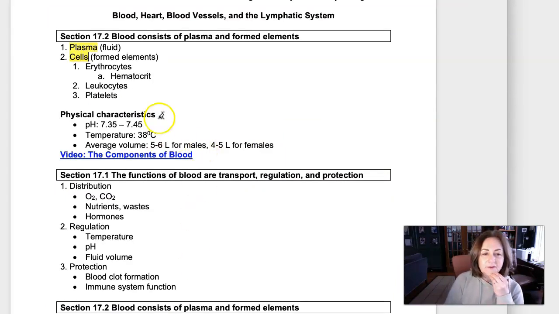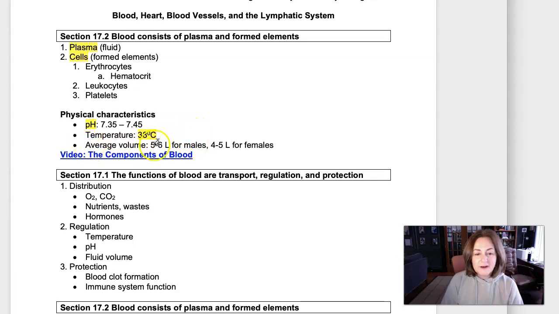So as far as physical characteristics, the pH of blood is not neutral. 7.0 is neutral. It falls between 7.35 and 7.45, which is on the alkaline side. And the temperature is also slightly higher than what you might think body temperature is. So the blood is about 104 degrees Fahrenheit or 38 degrees Celsius.